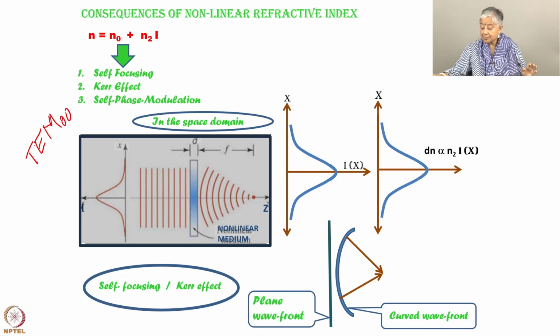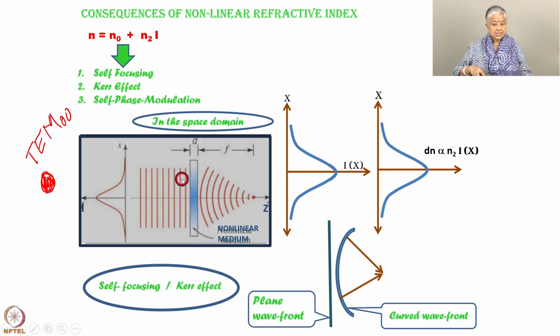Okay, I am going to describe everything in the space domain for the moment. So, TEM00 mode is a nice little beam like this with a cross section of this kind, and its intensity I have shown here, and this is the nonlinear medium.